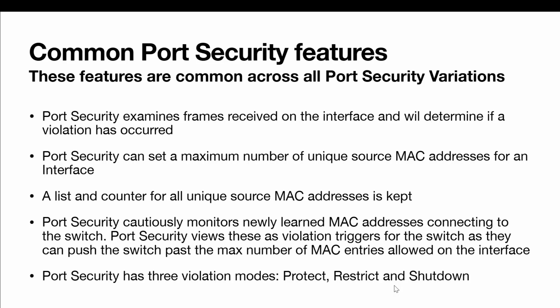So protect, restrict, and shutdown. These are three levels of response to a violation. This is very important that we understand the difference between these, because this is something we can expect to be tested on in the exam.